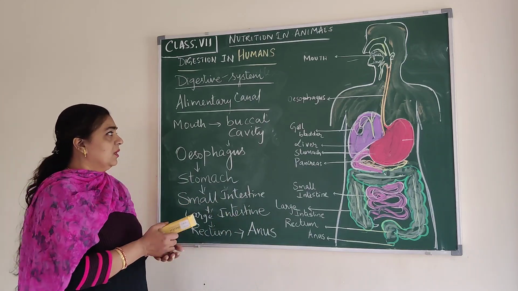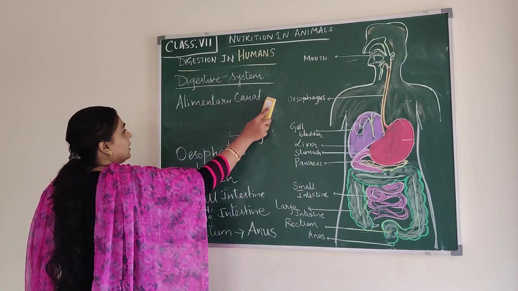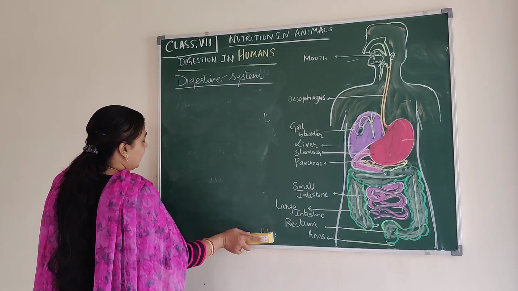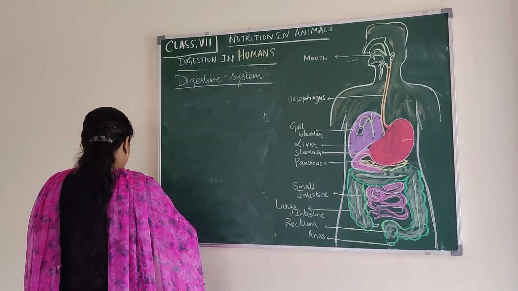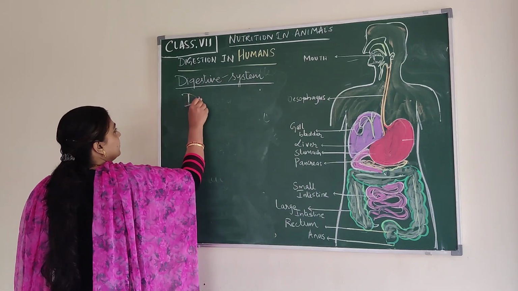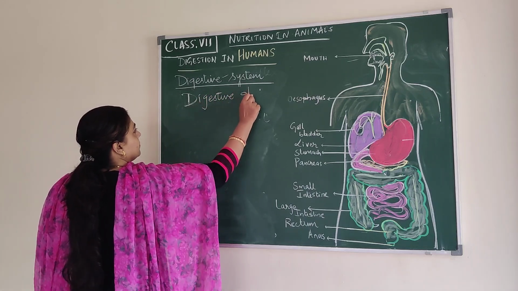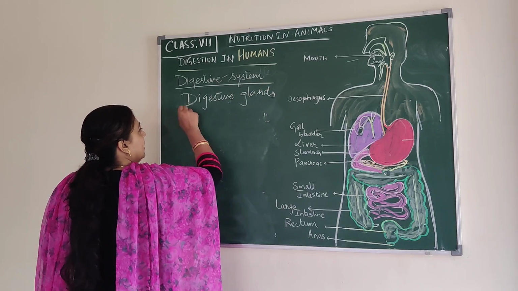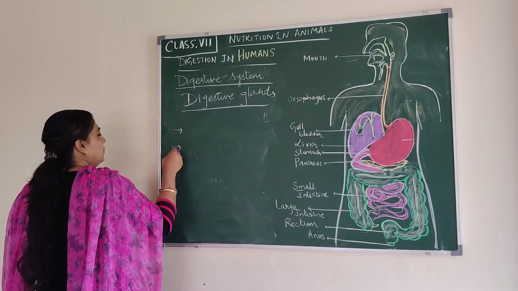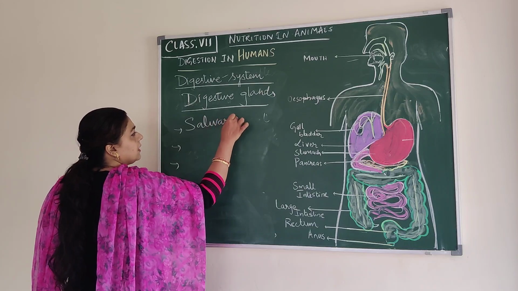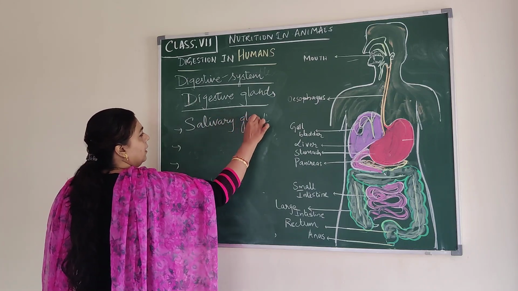I hope you have understood. So let us check which are the digestive glands, the glands that help in digestion. The digestive glands include the salivary glands, which are present in our mouth.